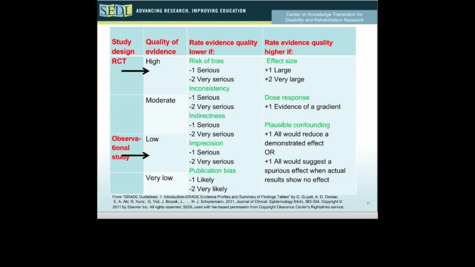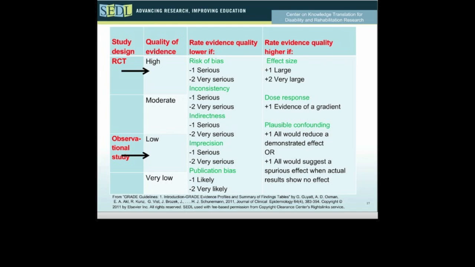Well, they start out pretty much with calling everything that is based on RCTs as high quality evidence, and everything that's based on observational studies at low quality evidence. And then in column 3 say, well, in certain circumstances you can grade down or rate down the evidence for 5 reasons.